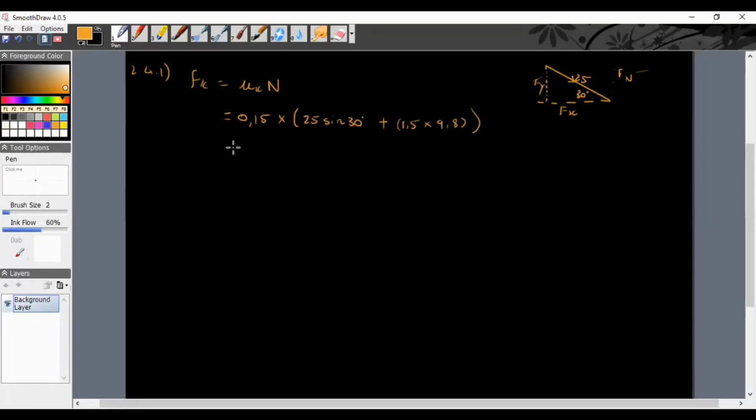We pop this into our calculator: 0.15 multiplied by (25 sin 30 plus 1.5 times 9.8), and we get math error. I'm joking. We get 4.08 newtons.